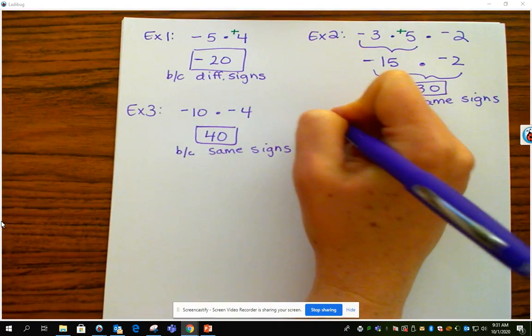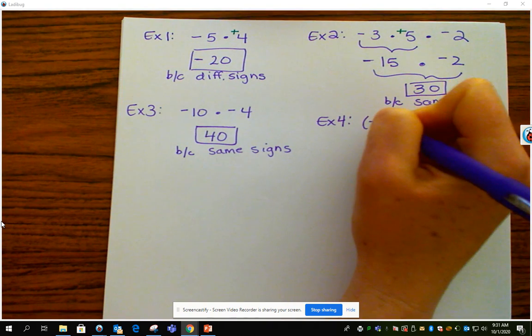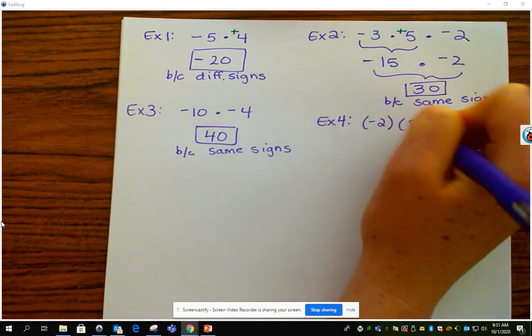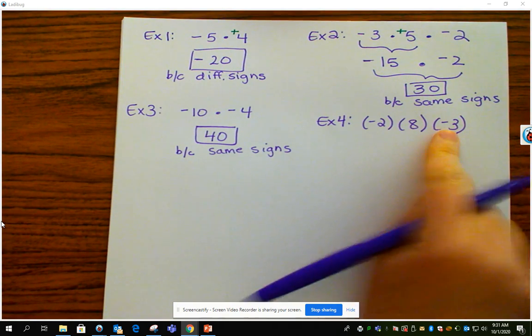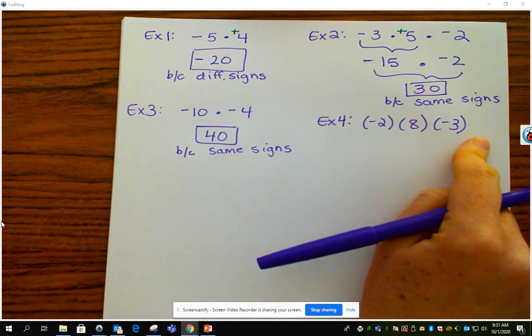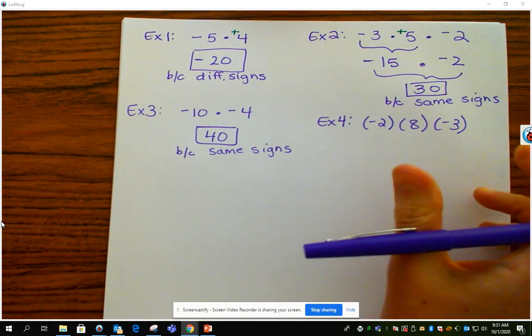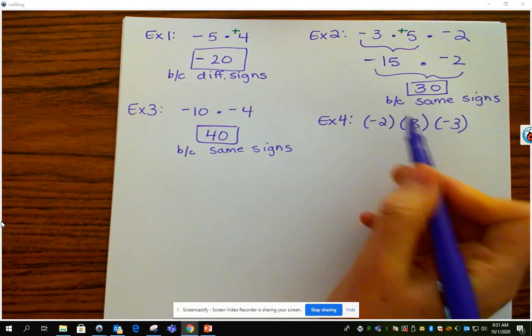Okay, and our last example 4 is going to be negative 2 times 8 times negative 3. Notice that I notated this a little differently. I'm using parentheses here. We need to be comfortable with different ways of notating multiplication. We might use the dot like this. We might use parentheses like this.